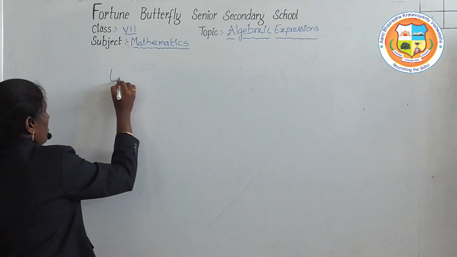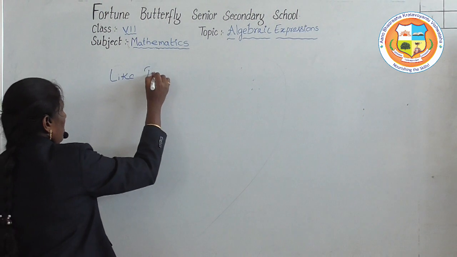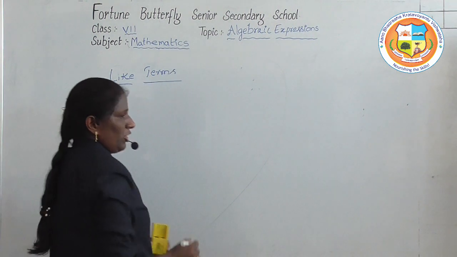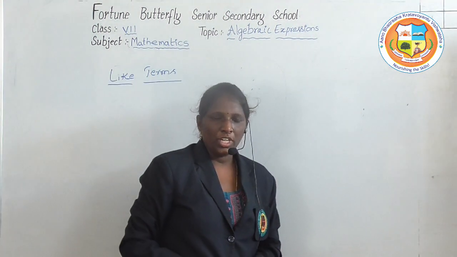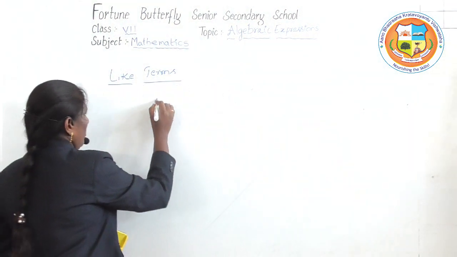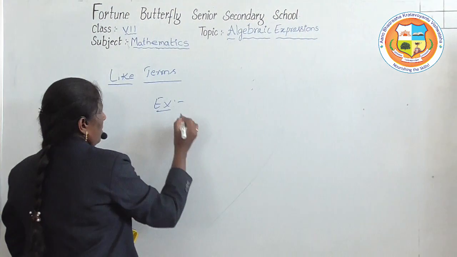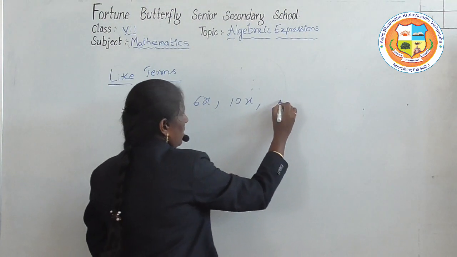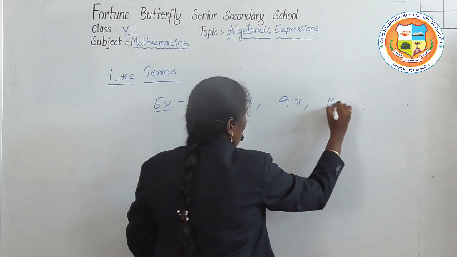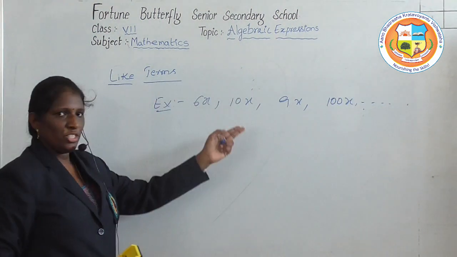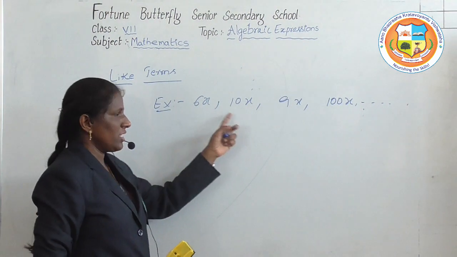Like terms. Terms which contain the same variable are called like terms. For example, 6x, 10x, 9x, 100x. Observe here, the variables are the same and the constants are different.